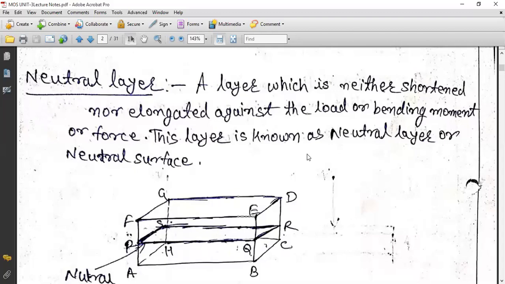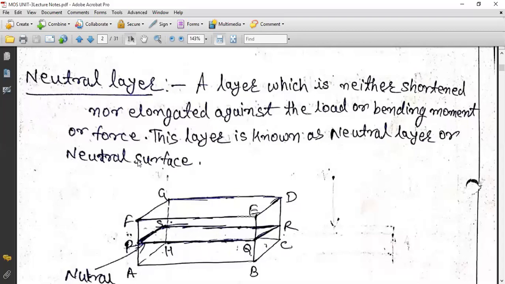So what does neutral layer mean? You know the meaning of neutral. The neutral is a portion that is not affected. If you apply any type of load or any type of force, that portion of the element is not affected.